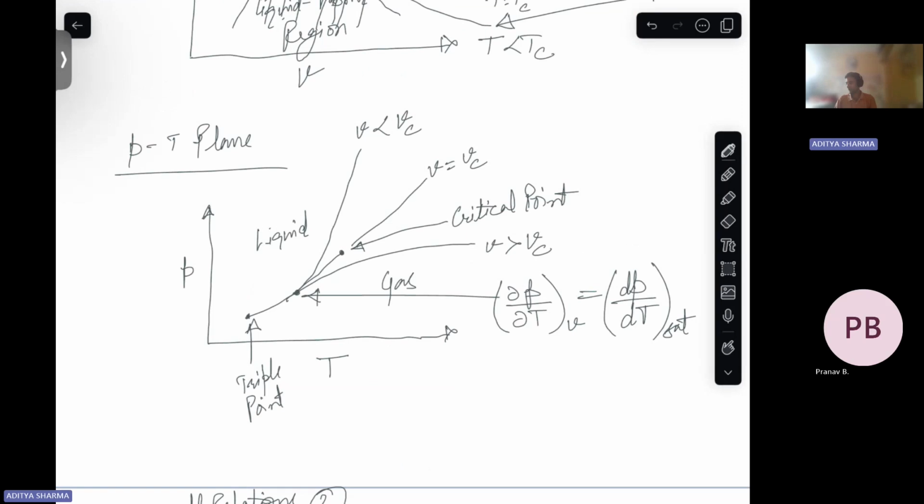So if you see the isometrics for different cases, you will realize that in all the cases the slope is always found to be positive, right? The slope means dou by dou T of P at constant specific volume. Right? Yes.